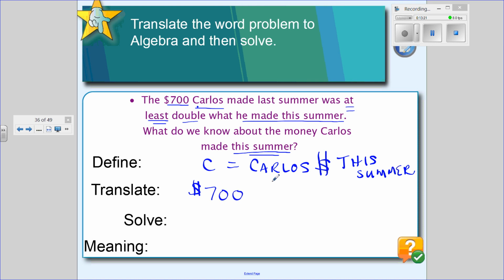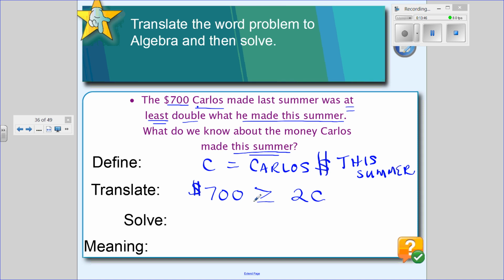And hopefully you look back and realize, okay, at least is the greater than or equal to sign. $700 is at the smallest what he made this summer. At the smallest, double what he made this summer, at the very least. So that's greater than or equal to double what he made this summer, excuse me. 2 times C. All right.